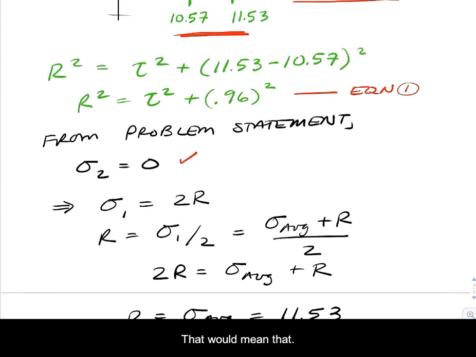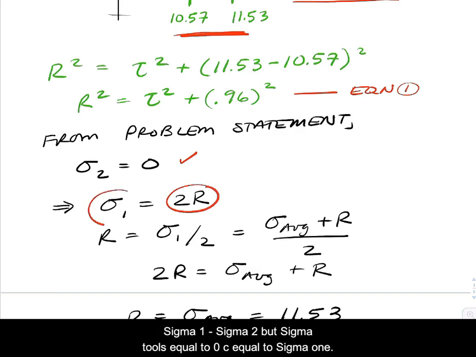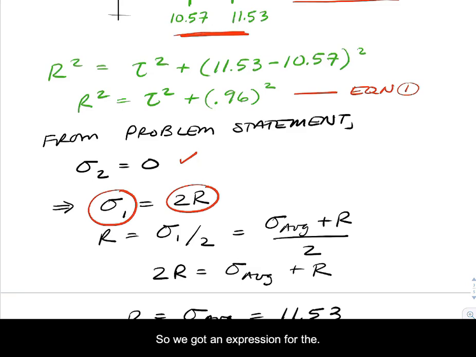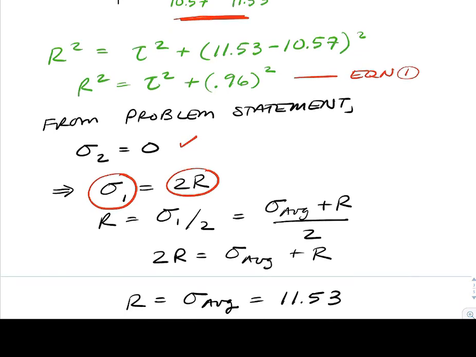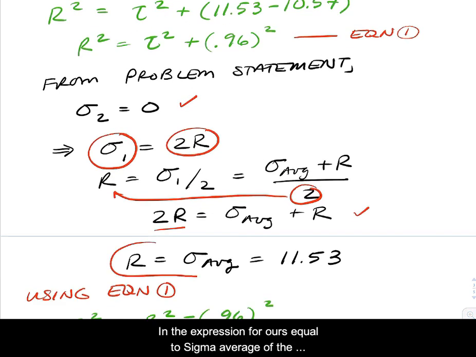Right, that would mean that twice the radius, or the diameter, is still going to be sigma 1 minus sigma 2, but sigma 2 is equal to 0, so it's just equal to sigma 1. So we've got an expression for the radius. Got 2r is equal to sigma average plus r. So all we've done is taken the r, thrown it back over there, and the expression for r is equal to sigma average.